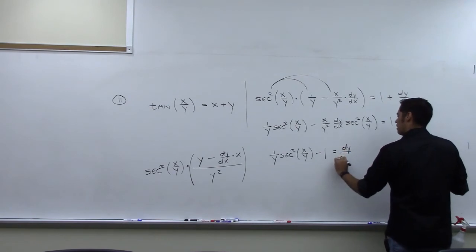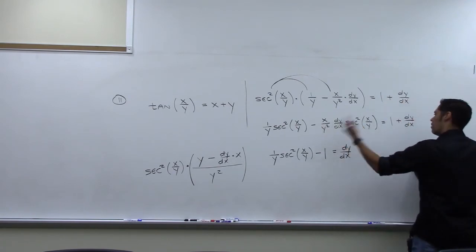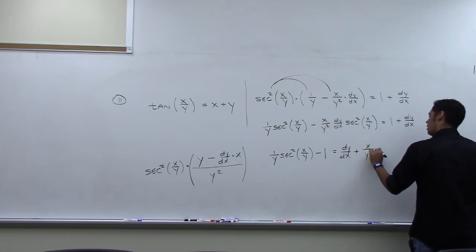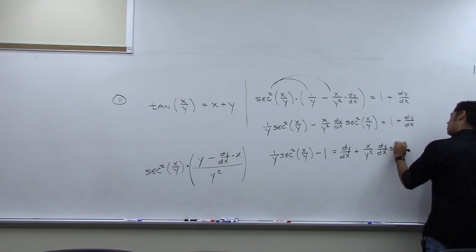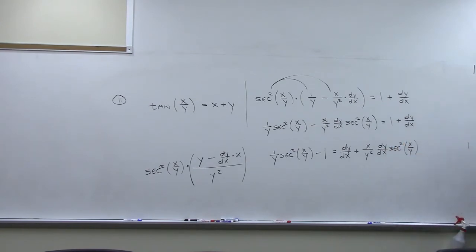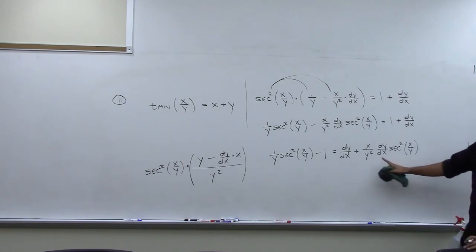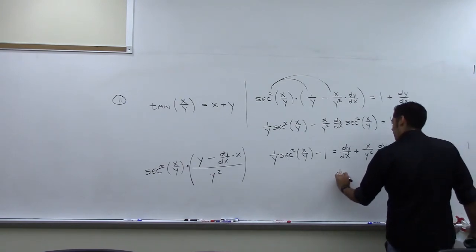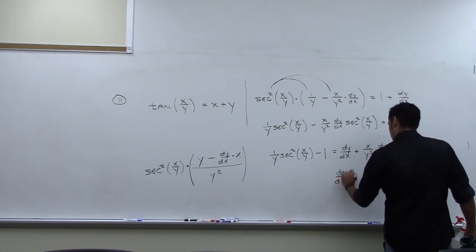dy dx is still on the right side, and then I brought this whole thing over, so now it's positive. X over y squared dy dx secant squared of x over y, like that. All right, both of these terms have dy dx, so I'm going to factor dy dx out. That was the goal.